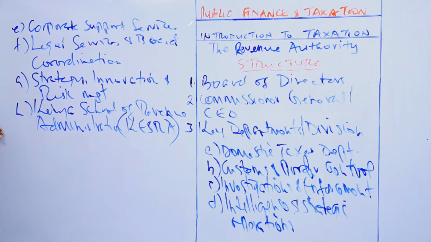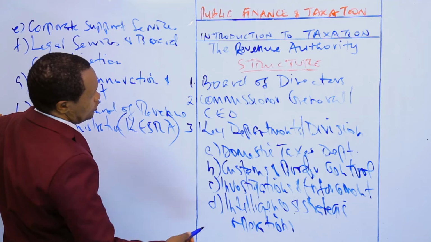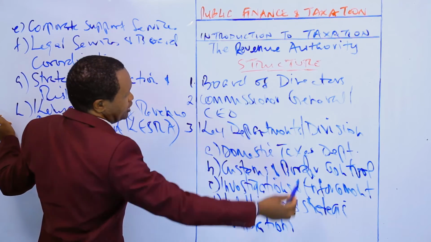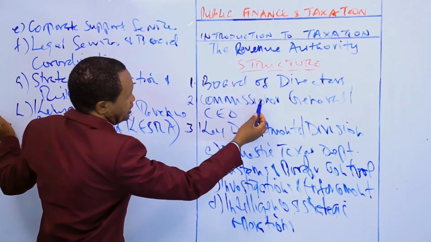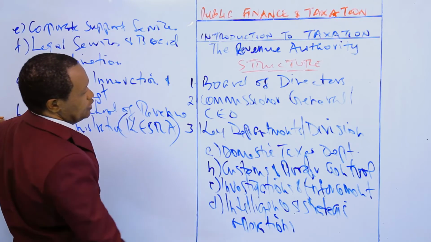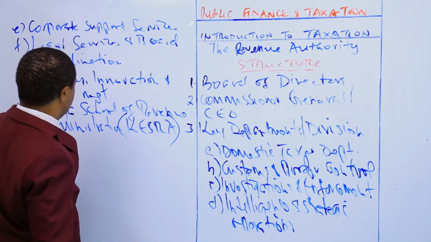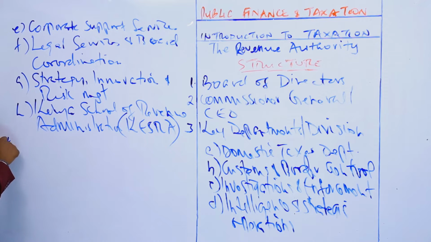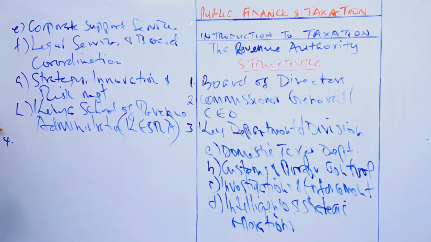Candidates, we are outlining the KRA structure. First of all, we have the board of directors at the top. We have the Commissioner General. Then we have key departments. Then we also have regional divisions.